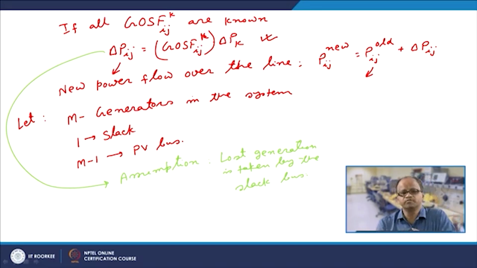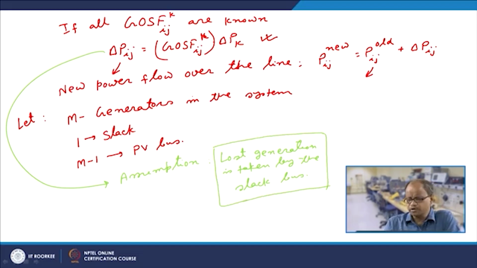So, in case of outage of a big generator, if our slack generator has to compensate for the loss of that entire generation, it may happen that this slack generator would be completely out of its rating.